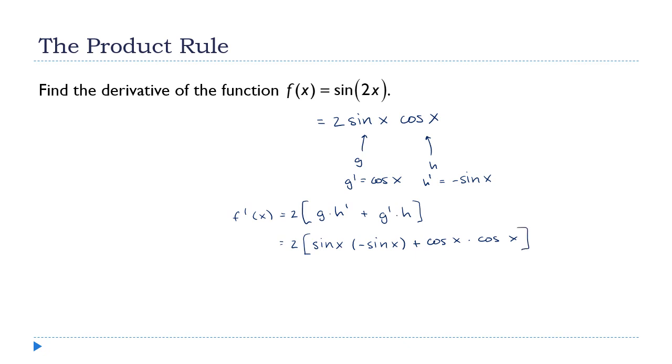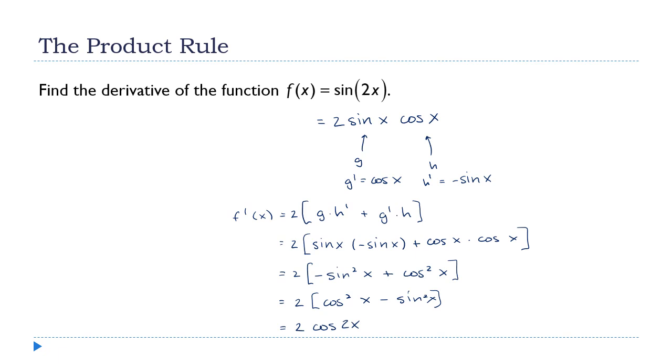So what do I have now? 2 times minus sine squared plus cosine squared. And I can flip these here. This is 2 times cosine squared minus sine squared, but I know what that is. Cosine squared minus sine squared is cosine 2x. And there's my formula, right?